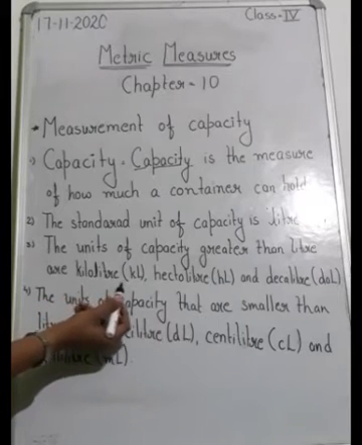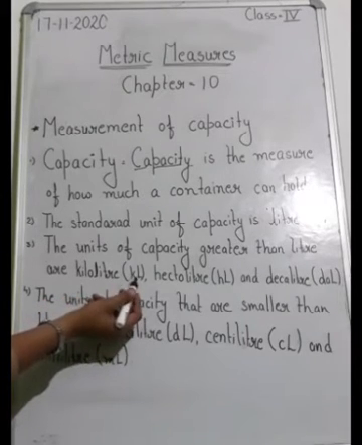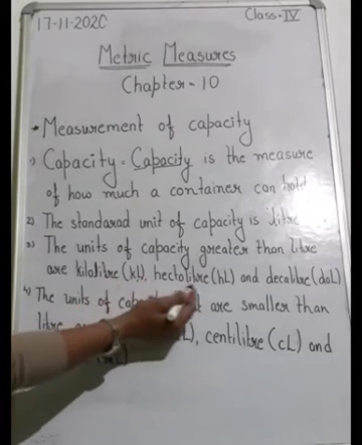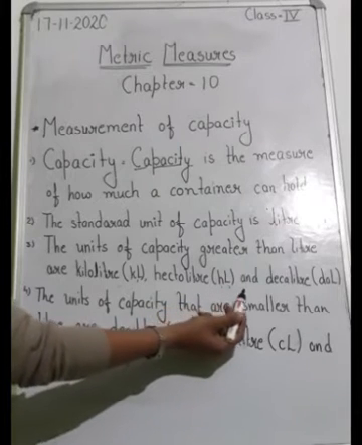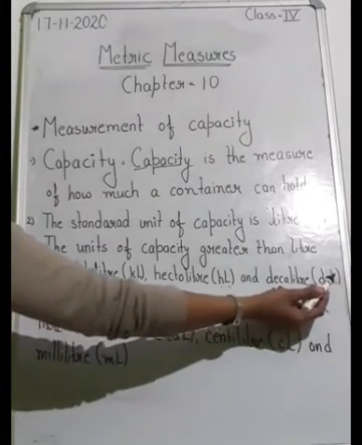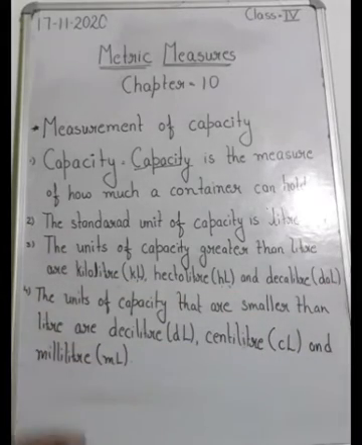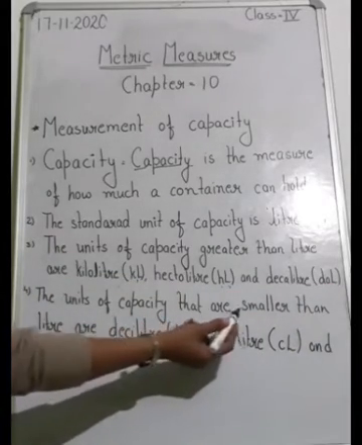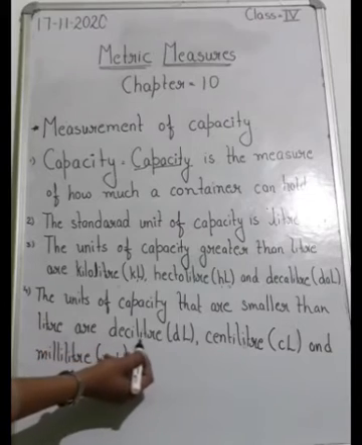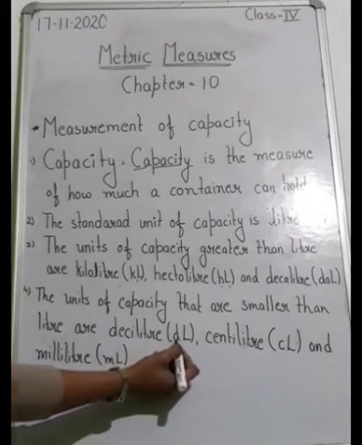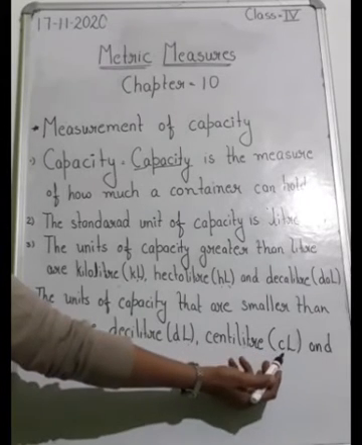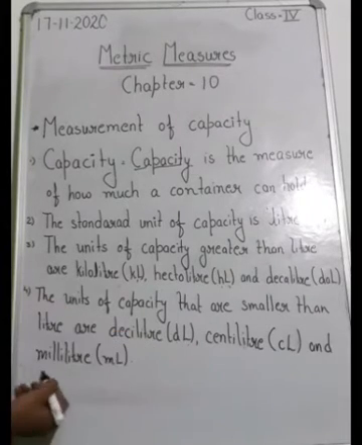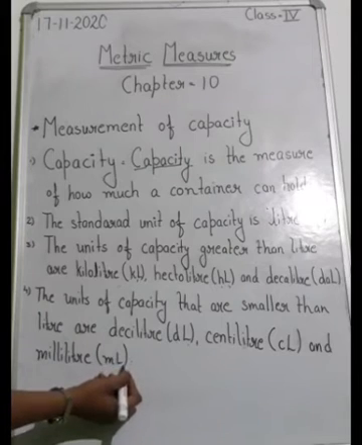First is your kiloliter, which is abbreviated as small k and capital L. Next is your hectoliter, small h and capital L, and decaliter, DA and capital L. The units of capacity that are smaller than liter are deciliter, which is abbreviated as small d and capital L, centiliter, small c, capital L, and milliliter, small m and capital L.